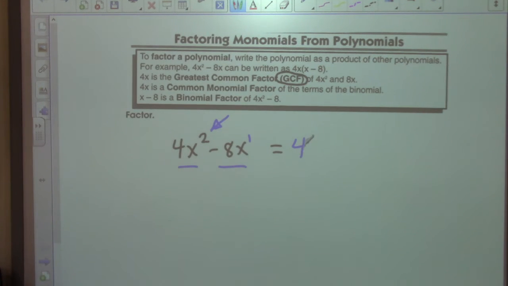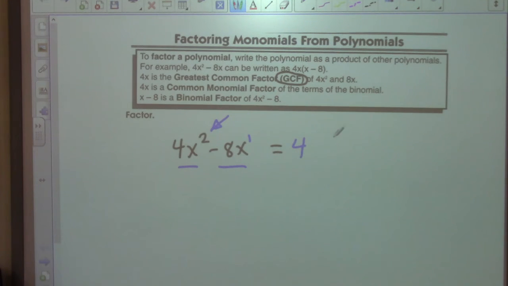We just write that over here. Now we look at the variables. We have x squared and x. Which is the greatest common factor between those two things? Somebody said x, right?